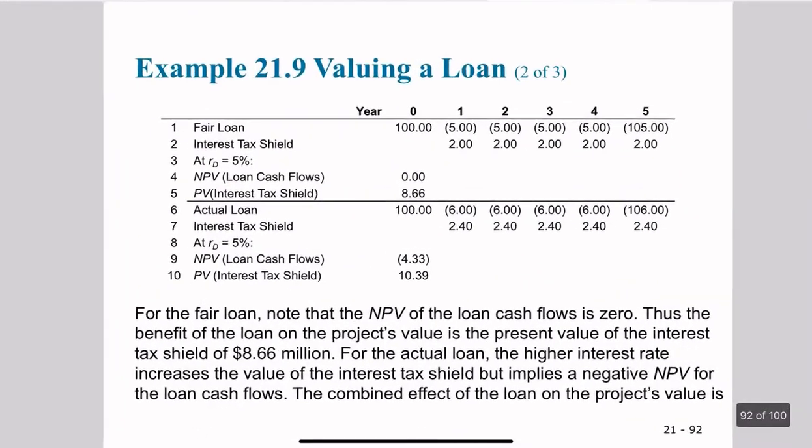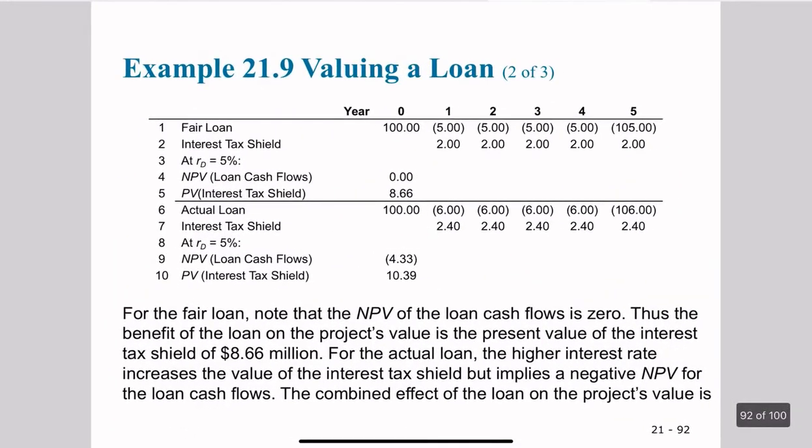Okay, let's look at the solution provided by the lecture note. It's slightly different and it's more complicated. However, it has this benefit to tell you what is the NPV of your loan and what is the present value of your interest tax shield.